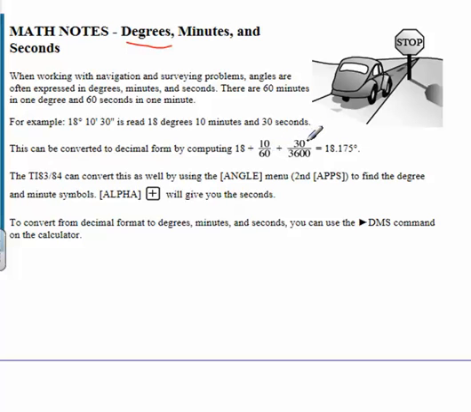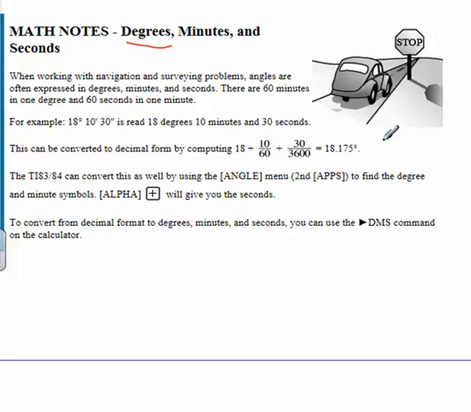And then we add 30 over 3,600, because 60 times 60 is 3,600. And that's how we get that number. So convert like that and then add them all together, and there we have our decimal form of that.